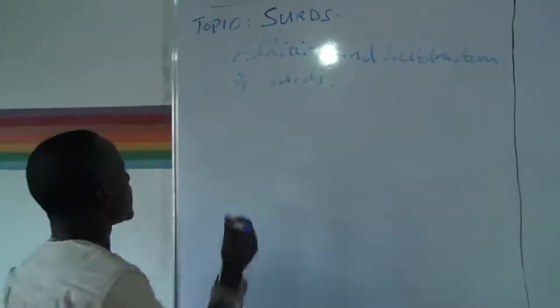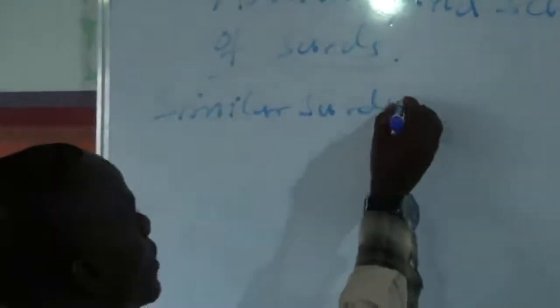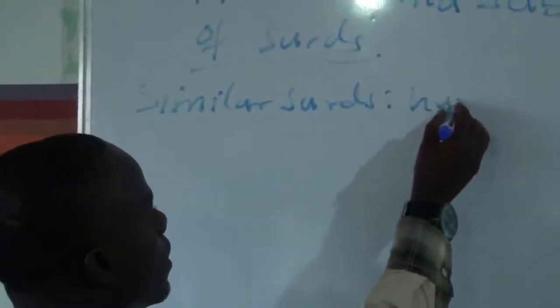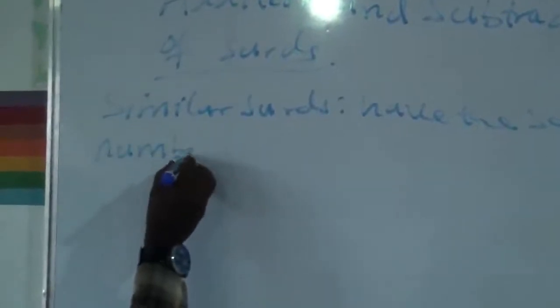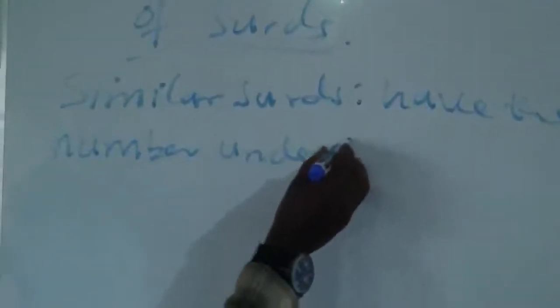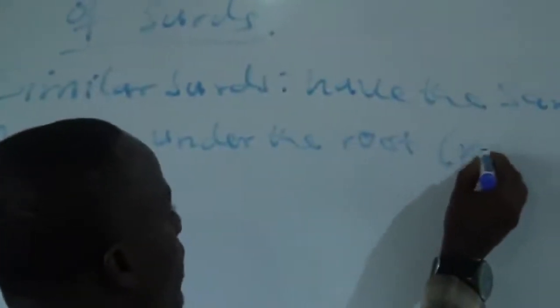Now, what do you mean by similar surds? Similar surds are surds that have the same number under the root. That is under the square root, and the number under the root is called the radicand.